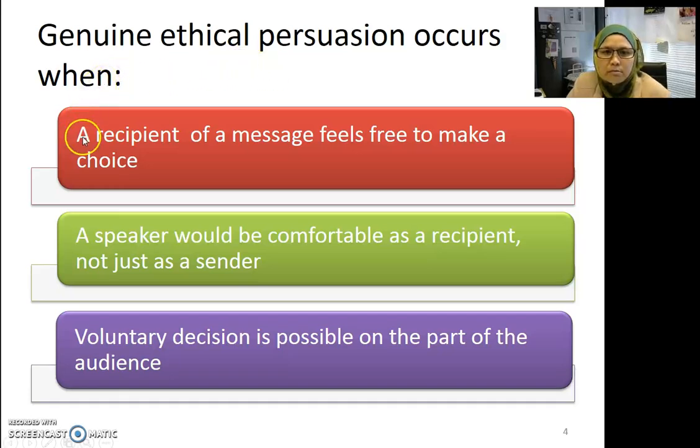So here are some of the things that you should remember when you are doing the practical presentation. The recipient of the message, that means your audience, feels that it's okay for them to agree or disagree. That means you are not going to force them. They feel free to make a choice.